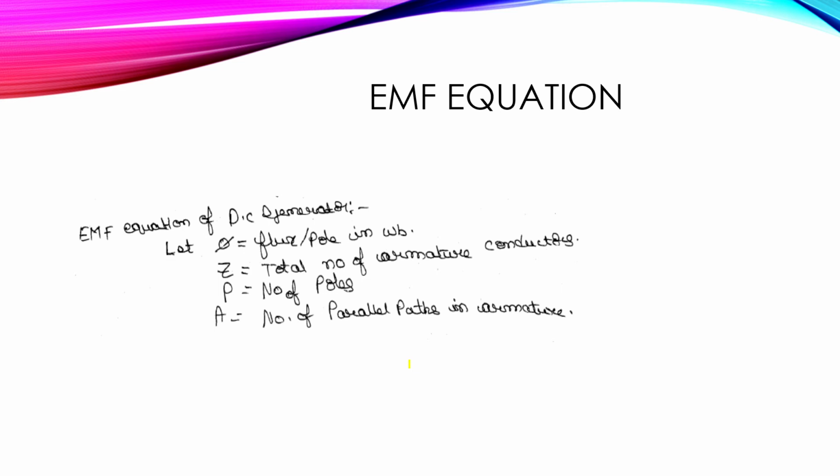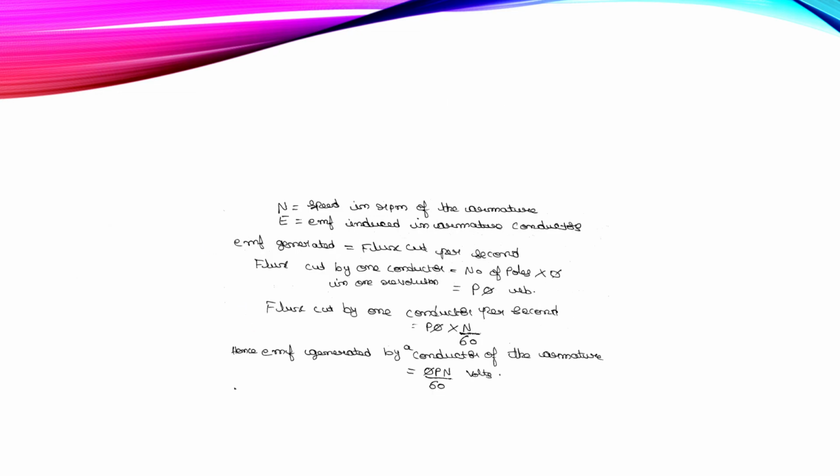Next, coming to the EMF equation of a DC generator. Let phi be the flux per pole, Z the total number of armature conductors, P the number of poles, and A the number of parallel paths in the armature. N is the speed in RPM and E is the EMF induced in the armature conductors.